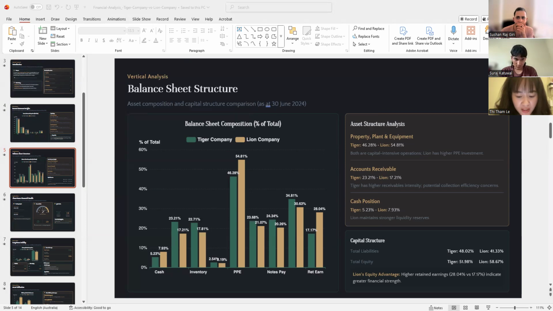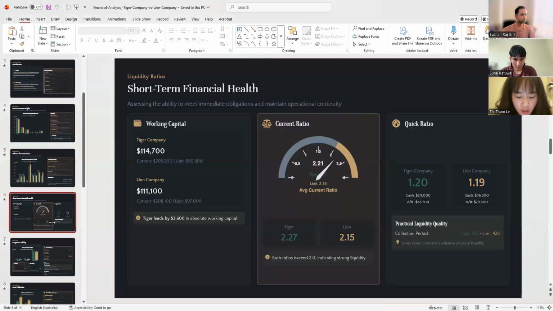Operating expenses are relatively similar for both companies, suggesting comparable operational structure. However, when we look at net profit after tax, Lion again outperforms Tiger with 9.25% versus 8.60%.